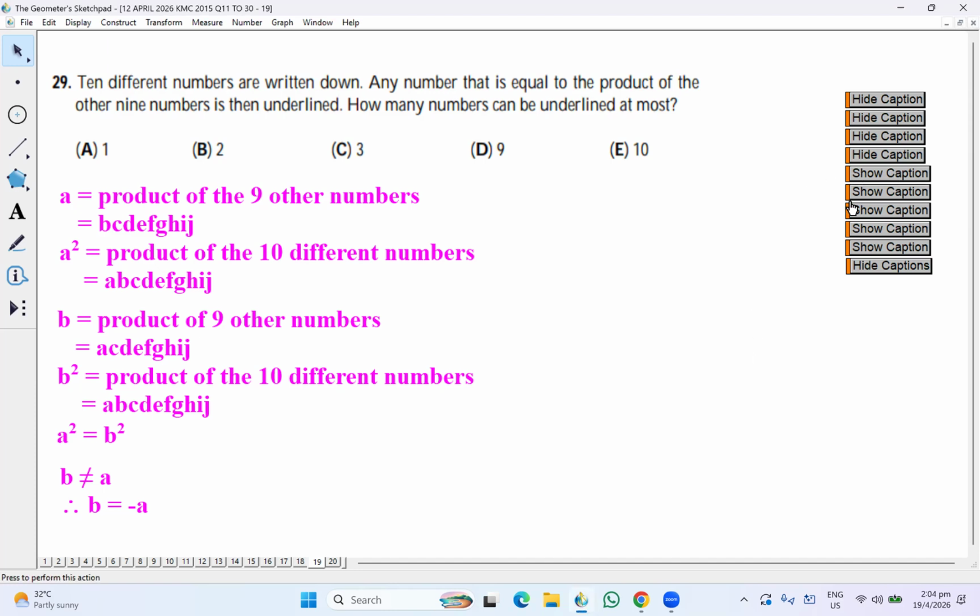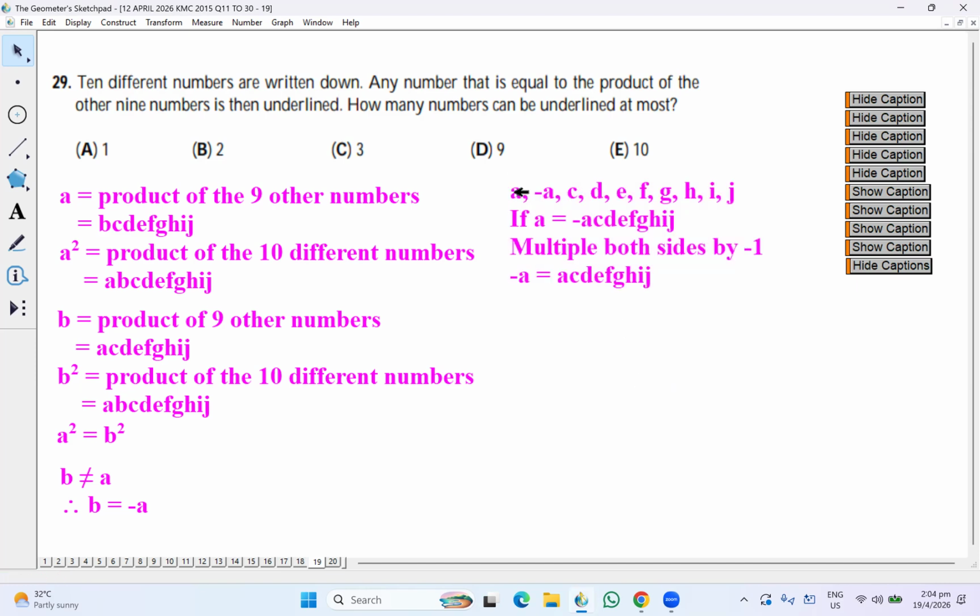You can show this. Suppose we have A, and instead of B, we write minus A. Then C, D, E, F, G, H, I, J. So A is the product of 9 of the numbers. So we have minus A, C, D, E, F, G, H, I, J. If we multiply both sides by negative 1, then the A on the left becomes minus A. Then minus minus becomes positive.